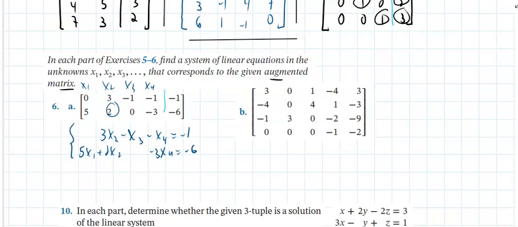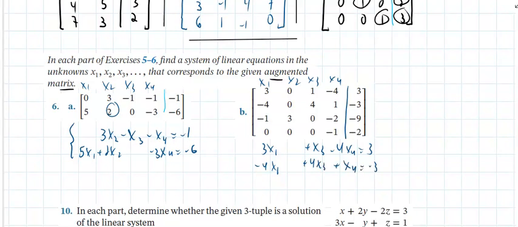This is the system of equations. Here we have, again, x1, and you could do that all the time. So we have 3x1 plus x3 minus 4x4 equal a 3, negative 4x1 plus 4x3 plus x4 equal a negative 3.